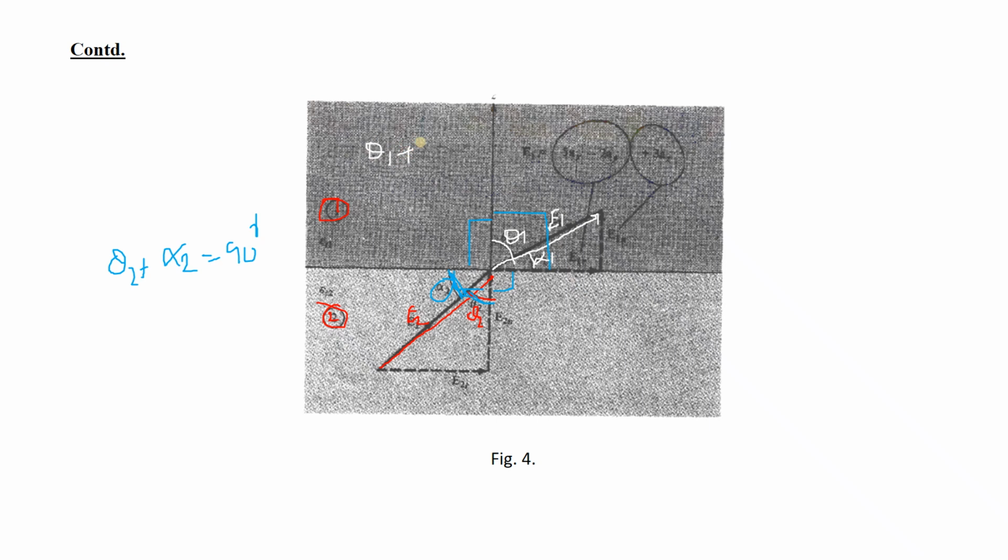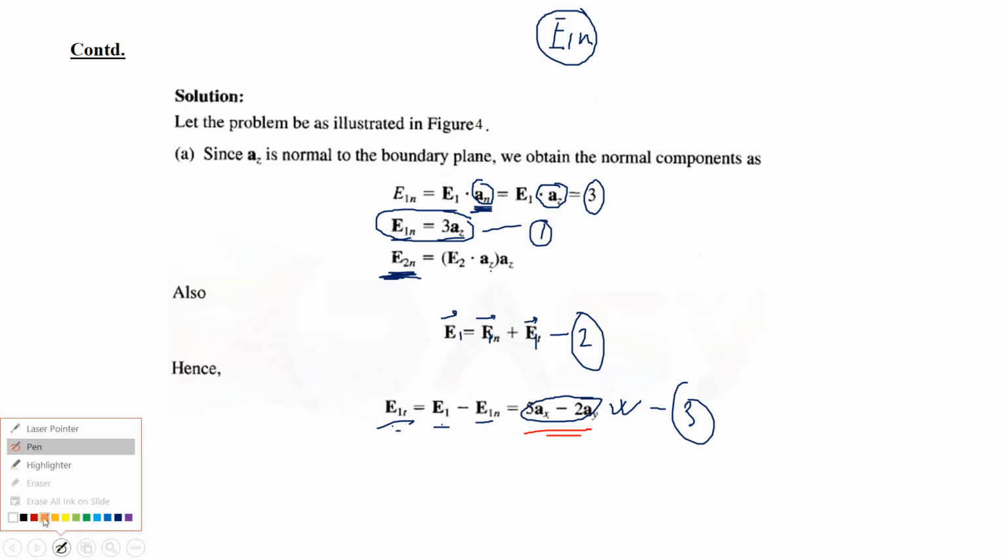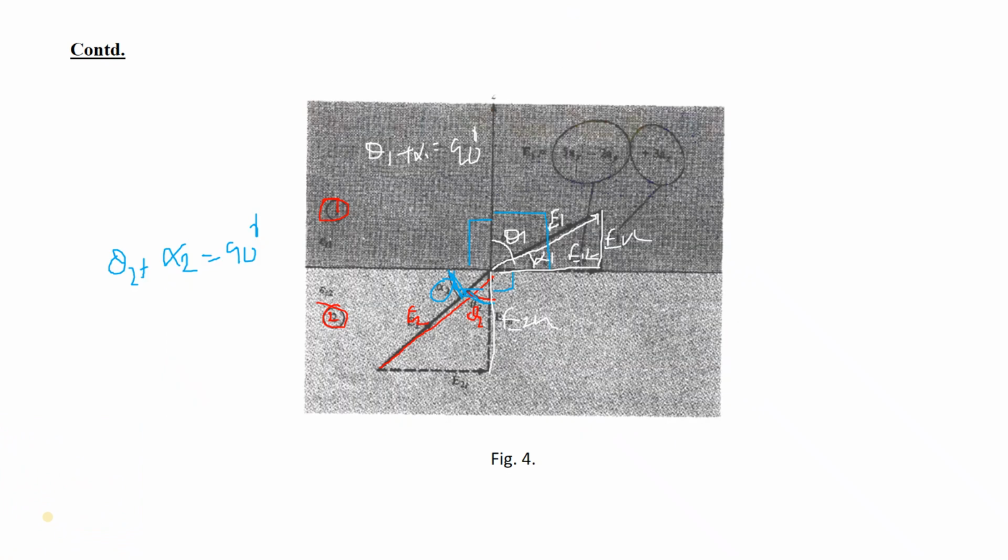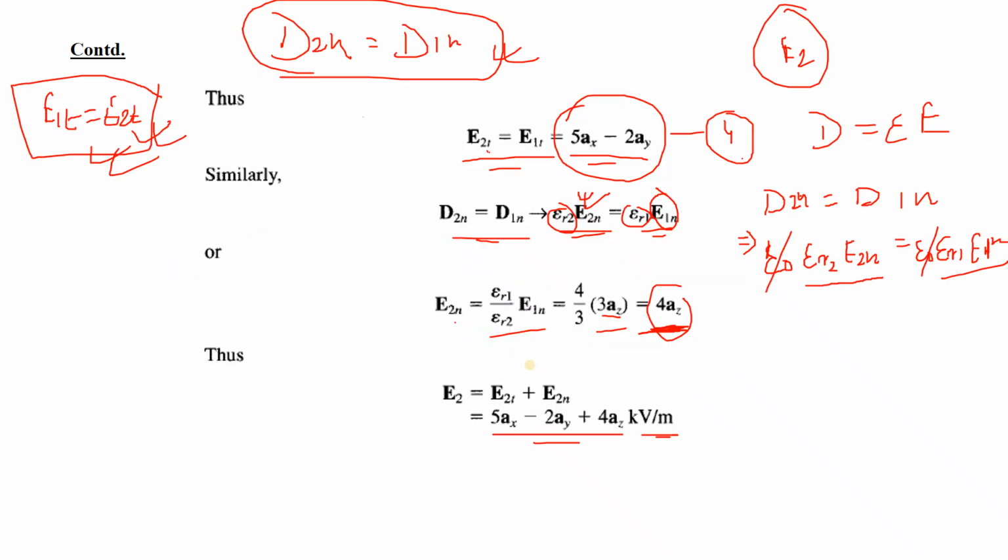Similarly here, this is theta 1, this is alpha 1, such that theta 1 plus alpha 1 gives 90 degrees. Now this is the normal component E1n, this is the tangential component E1t. Similarly here we have E2n, and here E2t.